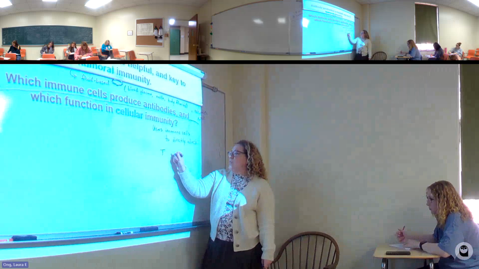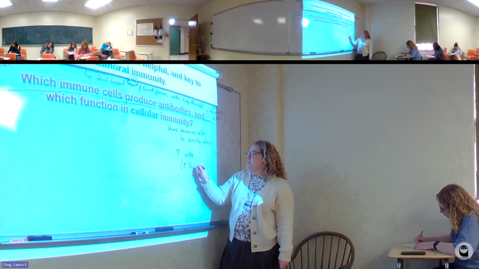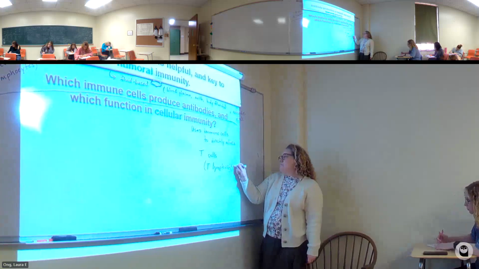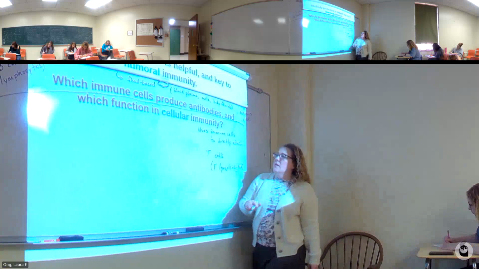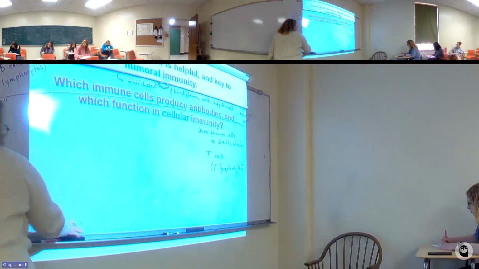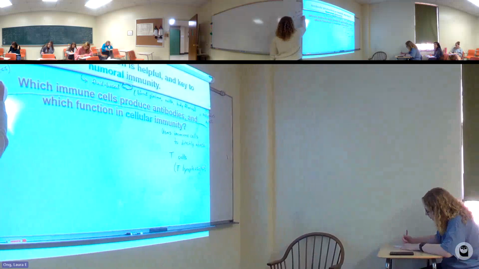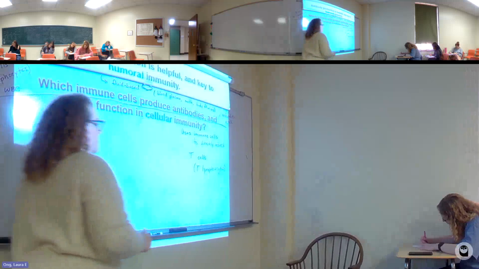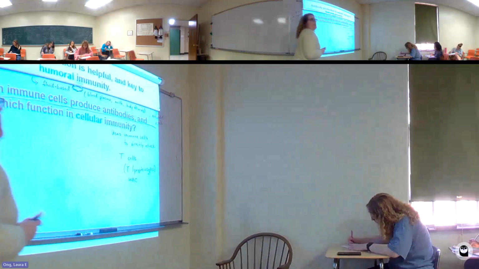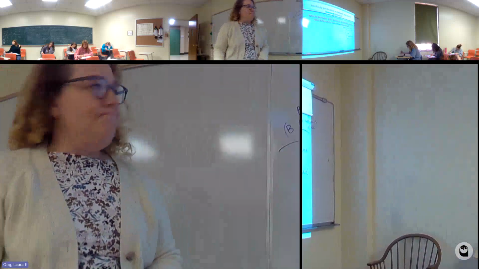This is mostly the job of our T cells or T lymphocytes. Both of these cell types, B cells and T cells, are versions of white blood cells, and they come from the lymphoid branch of white blood cells.